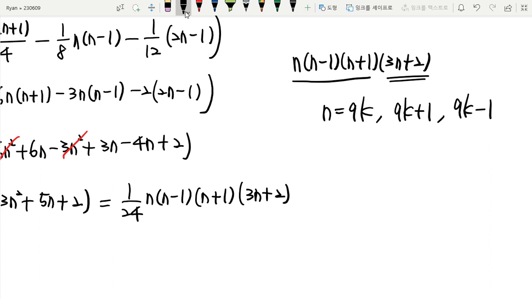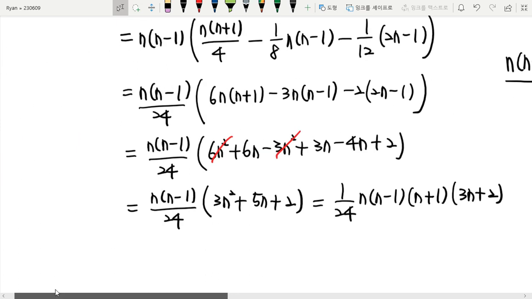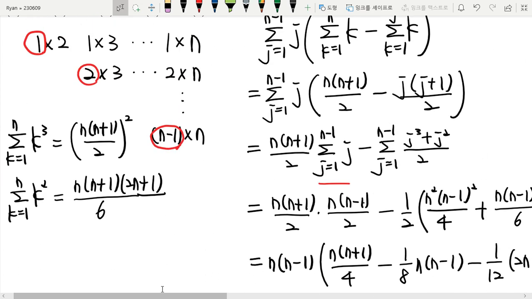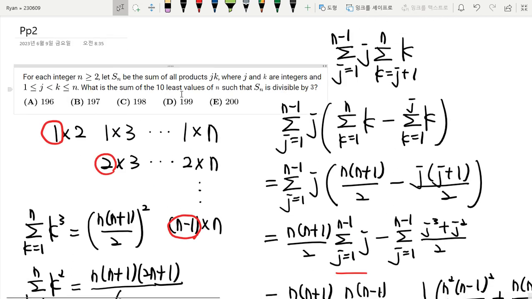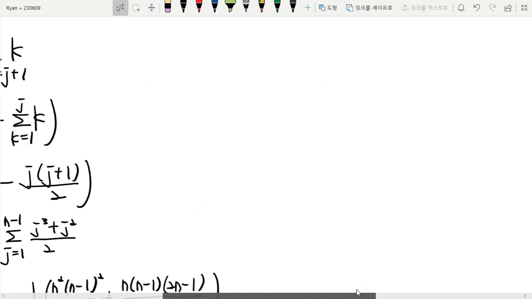So going back to the problem, we want to find the first 10 least values of n, which make this product a multiple of 9.